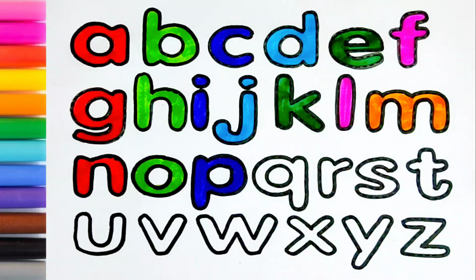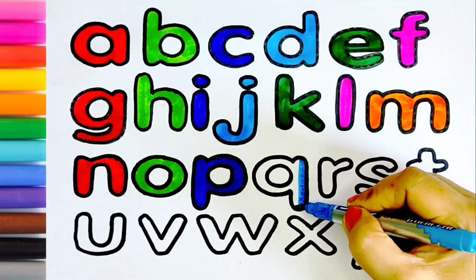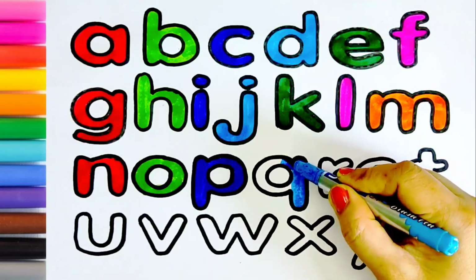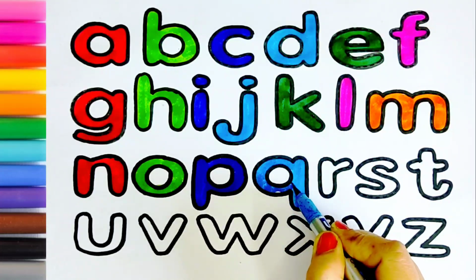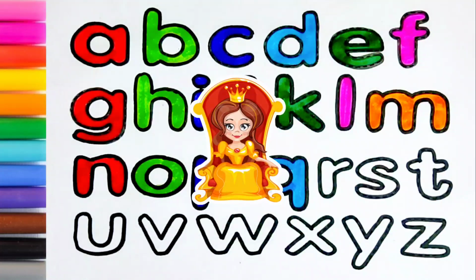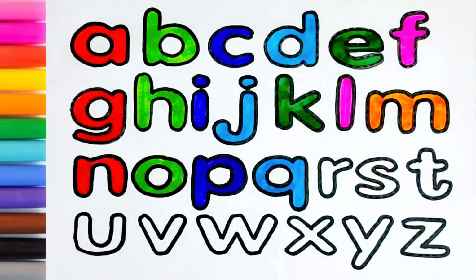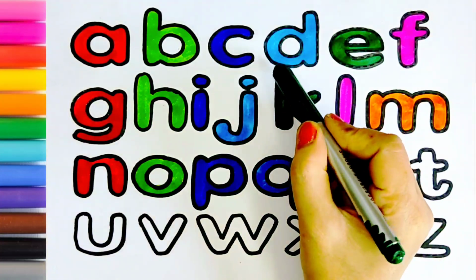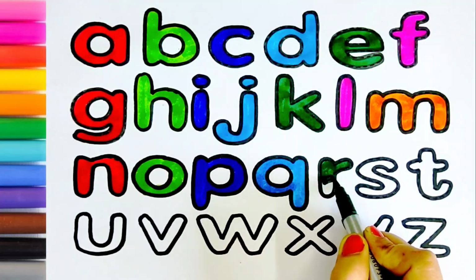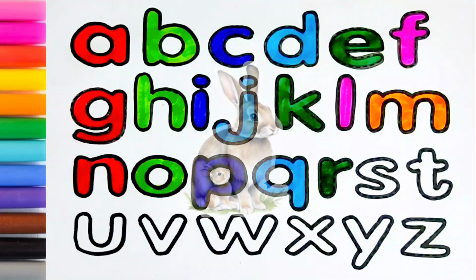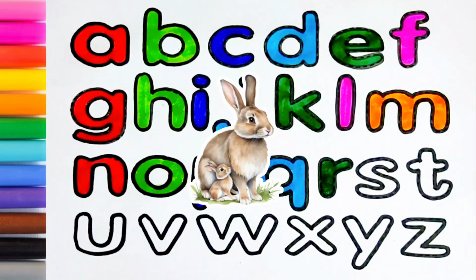Sky blue color, Q for queen. Dark green color, R for rabbit.